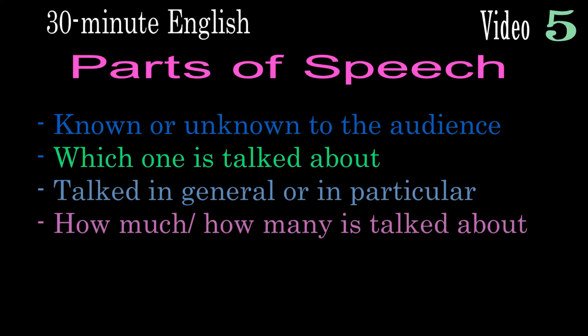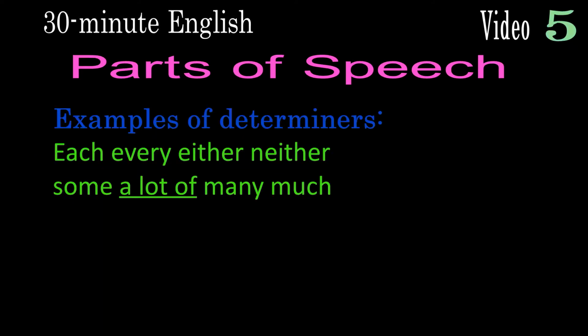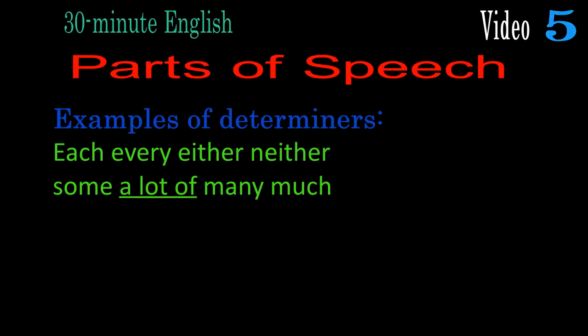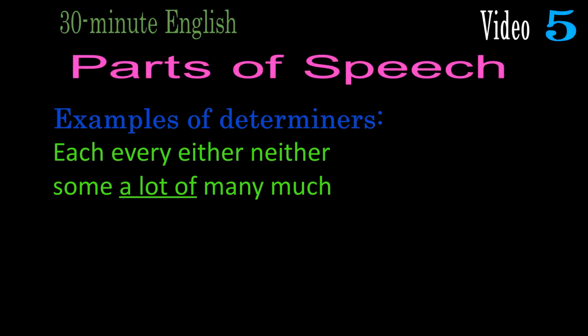Let's look at a few frequently used words in determinants. Each, every, either, neither, some, a lot of, many, and much. All are determinants. Let's see how they can be used in sentences.